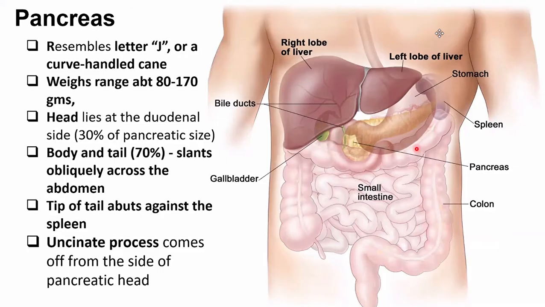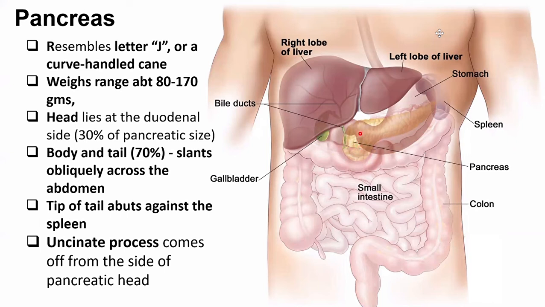So what is the pancreas? The pancreas resembles a letter J, no? Or a curved-handled cane. So it weighs around 80 to 170 grams. The head lies at the duodenal side here.